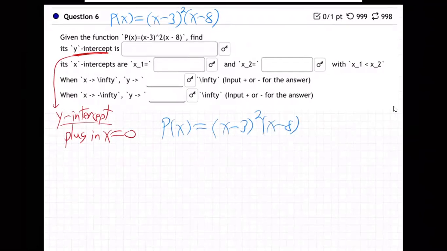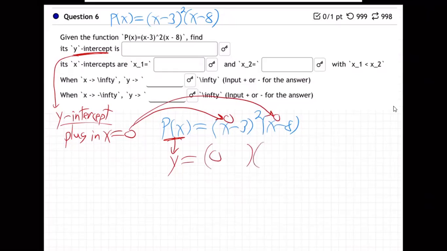Now remember, the function value here is y, isn't it? Function values are y values. So now we plug in x = 0 there and there, so we get (0 − 3)² (0 − 8). And so what becomes of it?